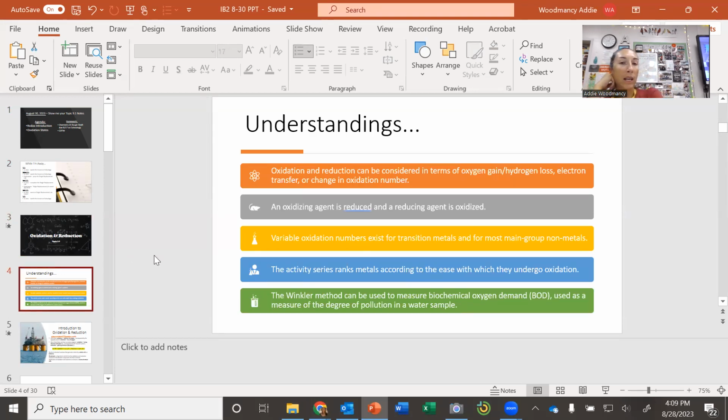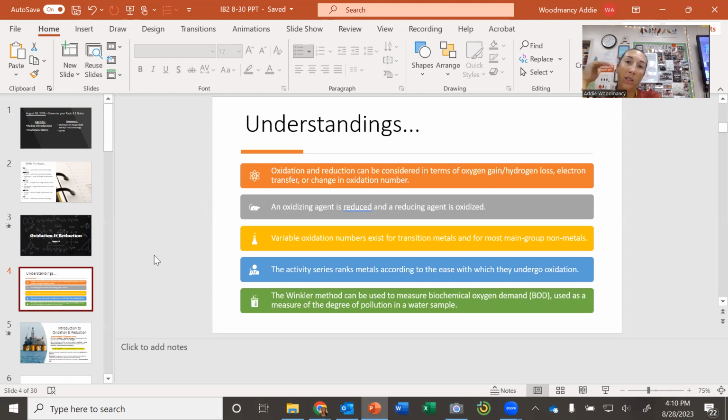When it comes to the understandings for this topic, oxidation should sound like something to do with oxygen. And that is true. It's an old definition though, but you can look at oxidation in terms of oxygen gain.